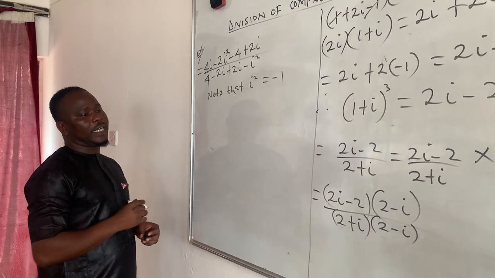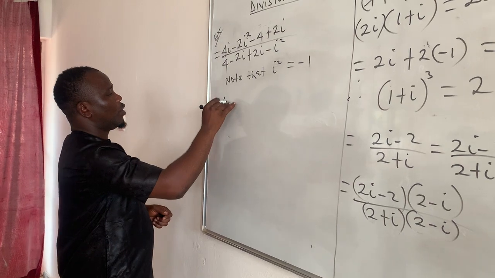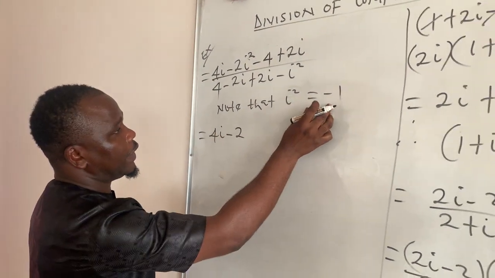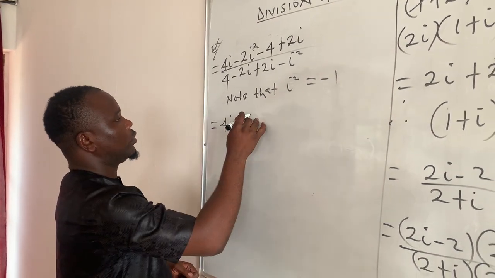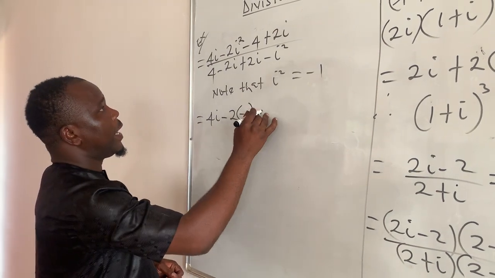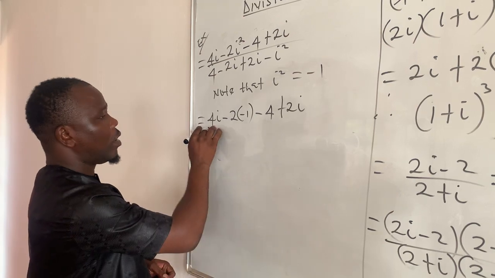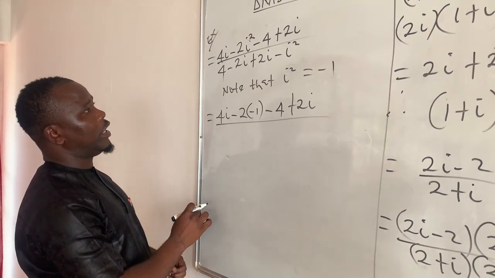So this is equal to 4i minus 2. In place of i squared, we are going to write minus 1, minus 4 plus 2i, all over the same thing applicable here.